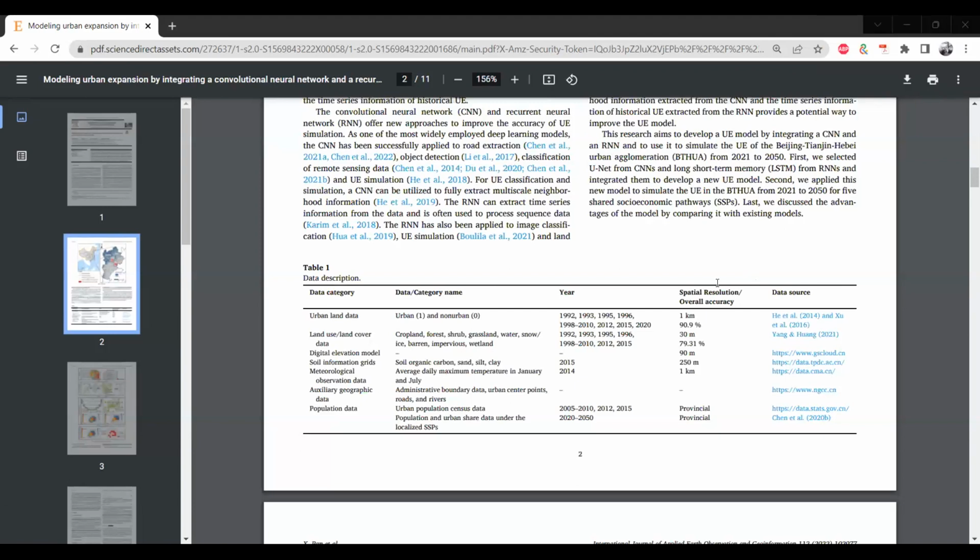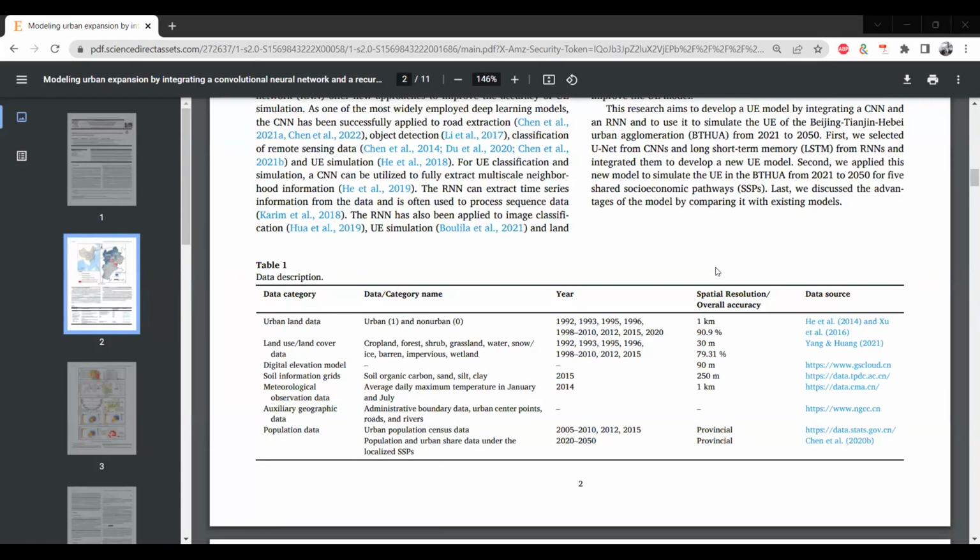So basically, the input data for this model were the urban land data, which was divided into urban and non-urban, from the years 1992 to 2020, at different spatial resolutions, from 40 meters to 1 kilometer. Other data categories are the land use types, the digital elevation models, the soil type, the average daily temperature in January and July, and also some demographic data.